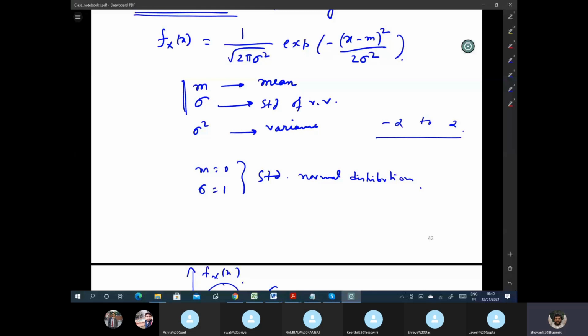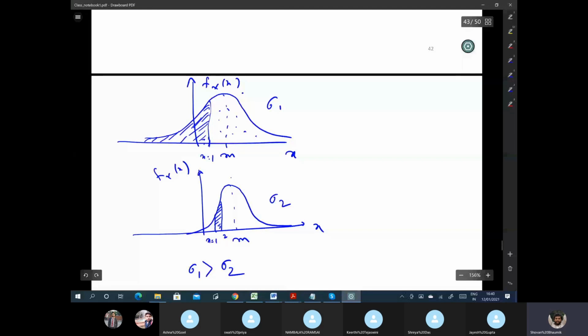So now let's see the uniform distribution, also very popular. Uniform random variable. The PDF is defined as 1 by b minus a, where a is less than b, and 0 elsewhere.